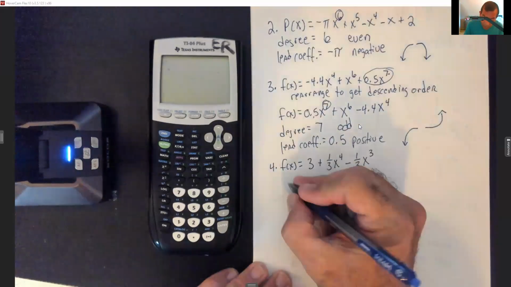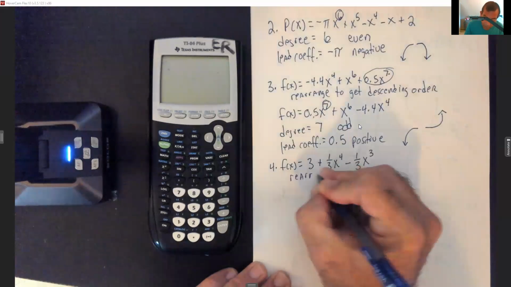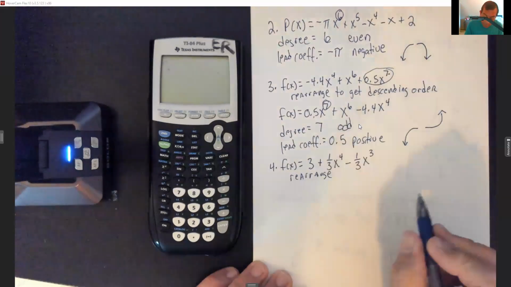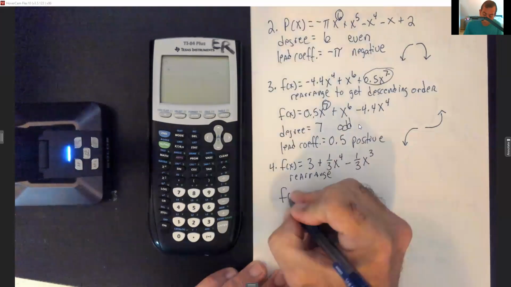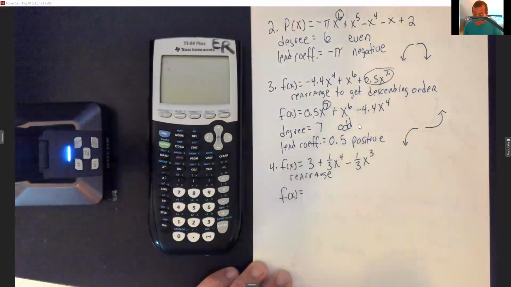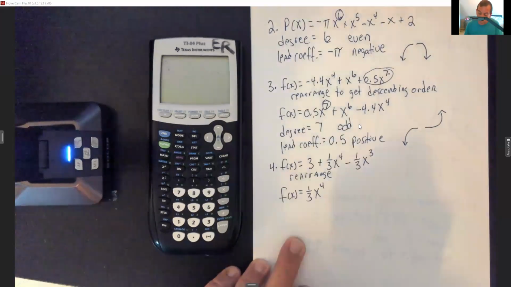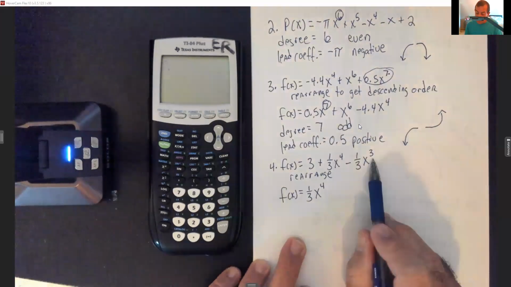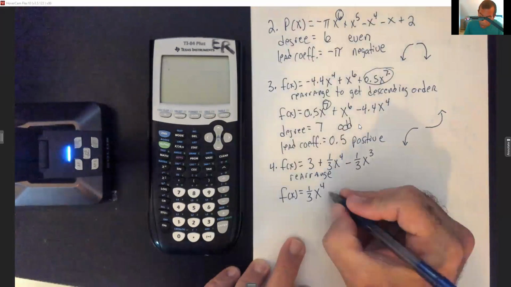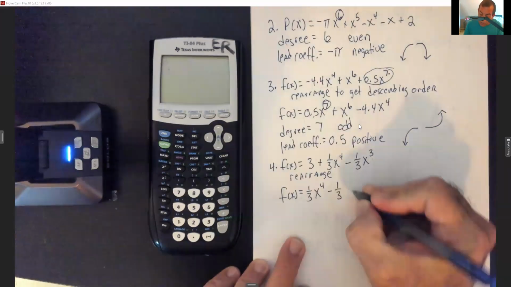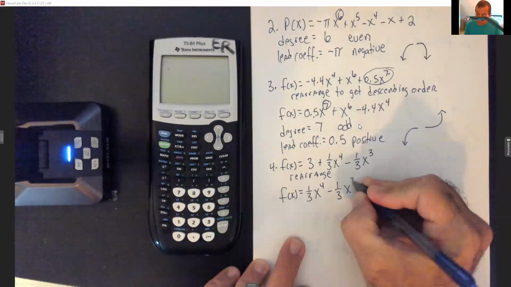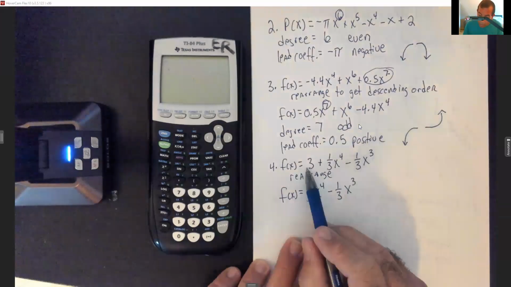I'm going to rearrange this one because they're out of order. So the highest exponent is the 4, so I'm going to put my 1/3 x to the fourth. Next would be the 3, so that's going to give me negative 1/3 x to the third. And then at the end will be my plus 3.